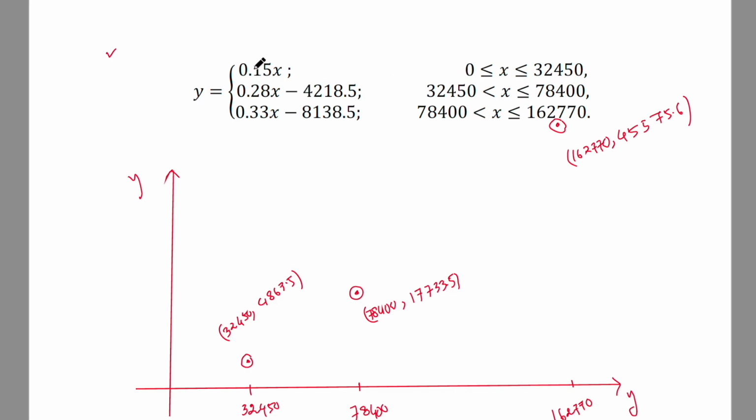So here we have three straight lines. First line will start at 0, 0 and end at this point, and we already have this data. When x equals 32,450, y equals 4867.8. So the first line will start from 0, 0 and end at this point, and you see the slope is very small.